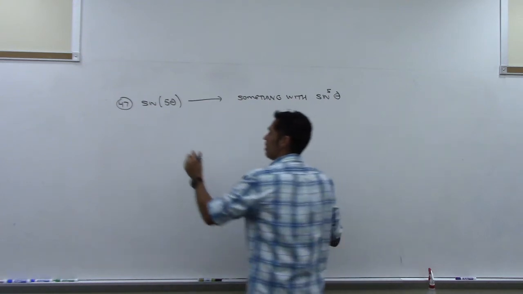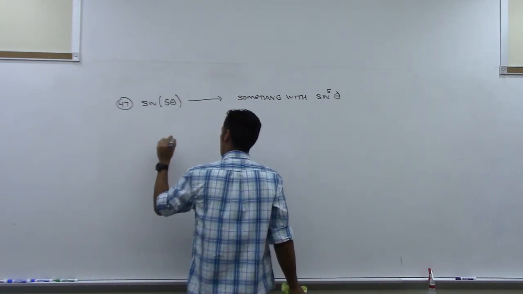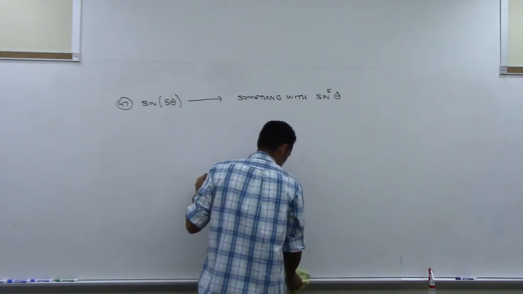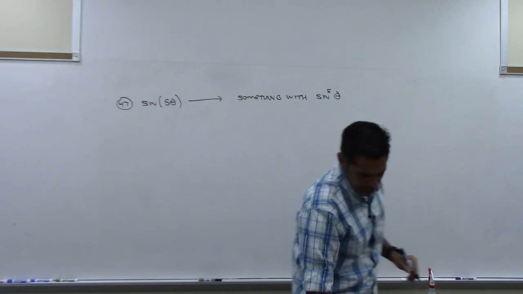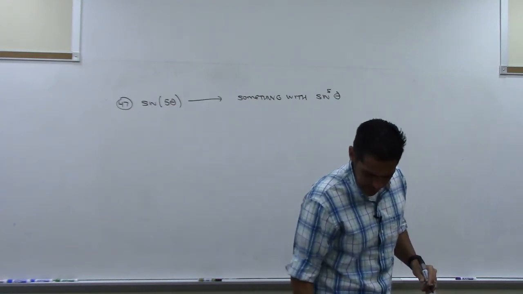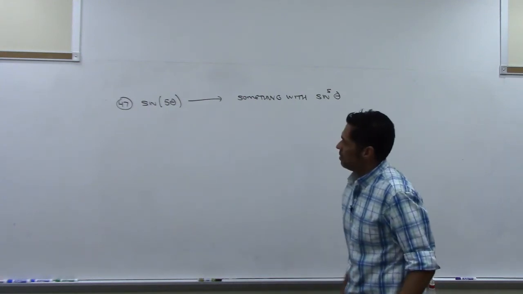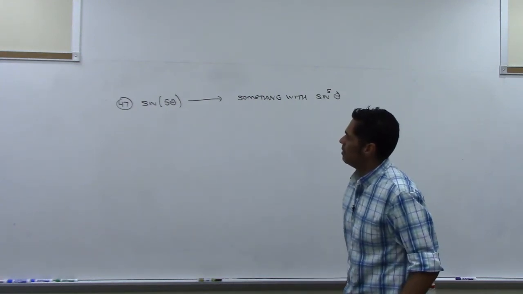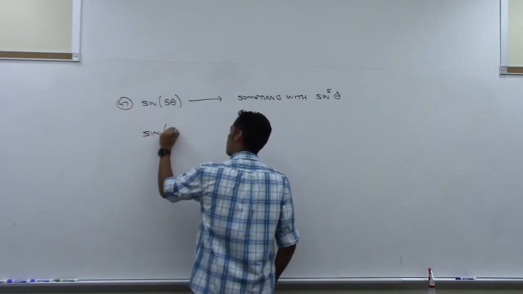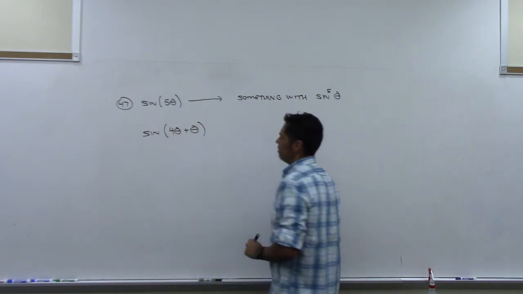So here's how I'm going to do this. I have a double angle formula that allows me to rewrite things that look like this. Let me just write this down. How about this? Do we agree that sine of 5 theta is sine of 4 theta plus theta?